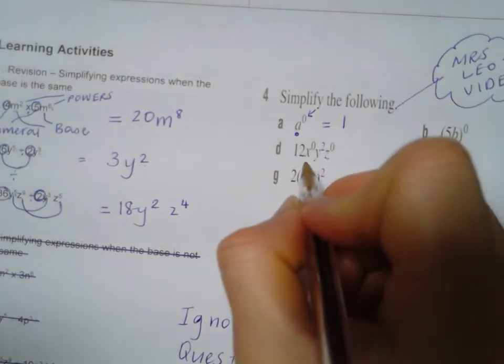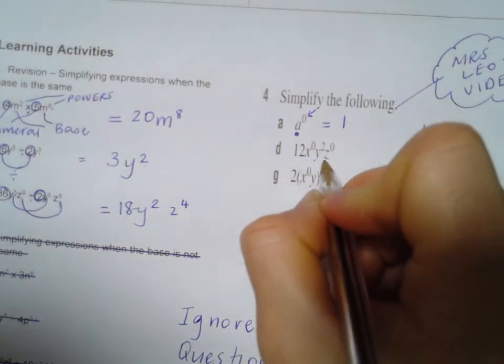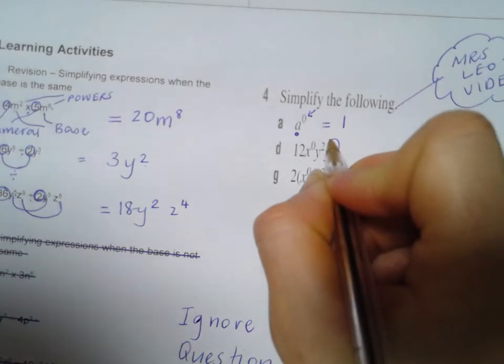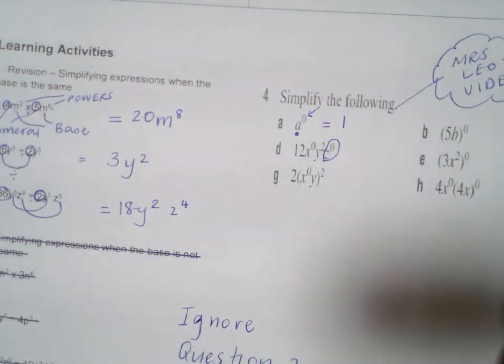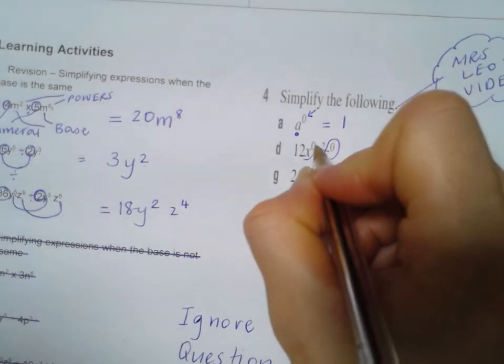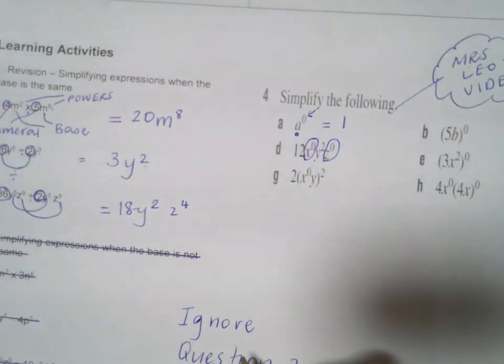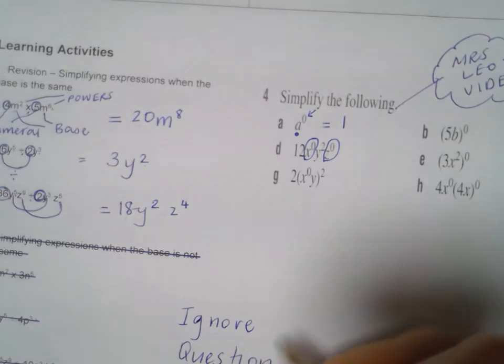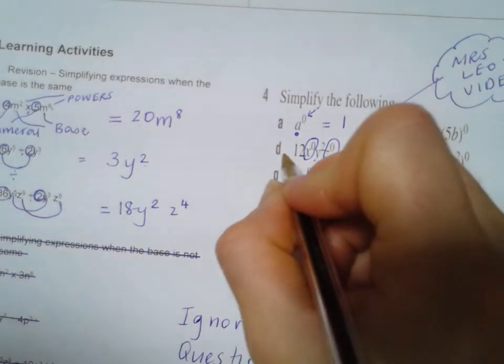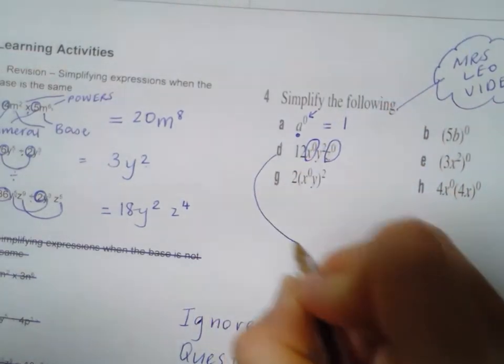Okay, this question is a little bit more complicated to look at. We have z to the power of 0 and we have x to the power of 0. So it's kind of like we can cancel these out. Okay, I might bring this question down here.